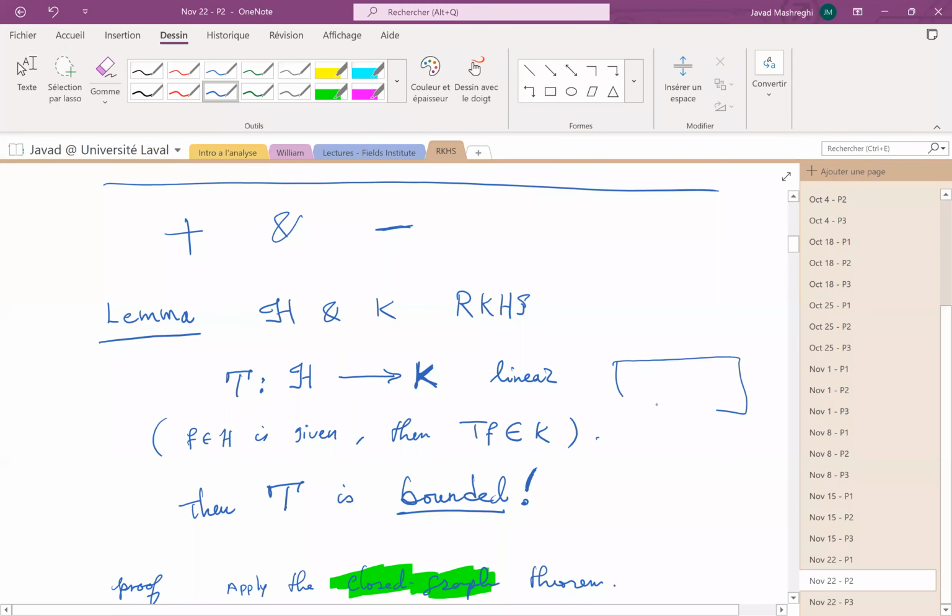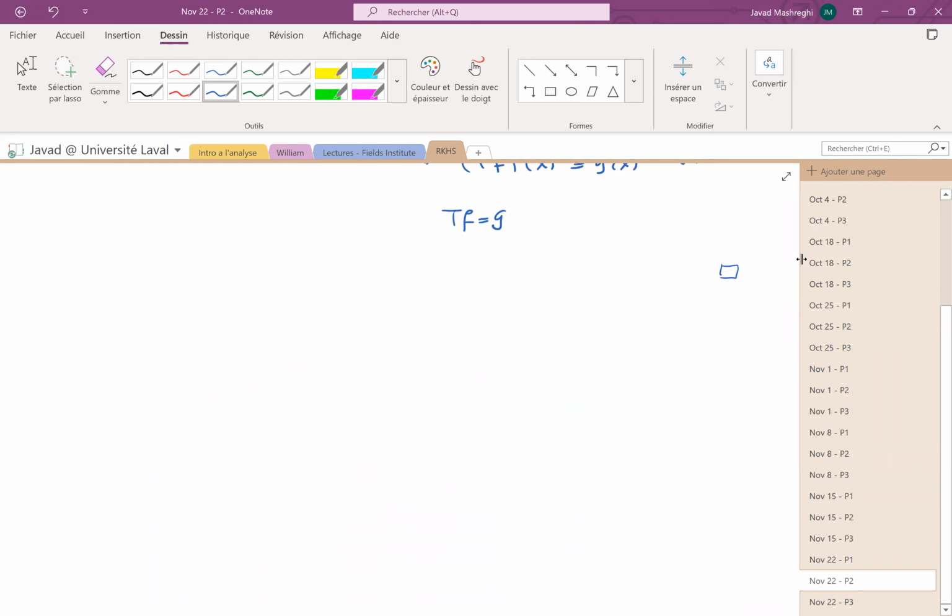Just one hypothesis is missing. If it's just well defined, you can go further and show that your mapping is bounded. I forgot this because my mapping is just inclusion, and I can easily go to the end. Again, my apologies for that. So our first theorem is for the inclusion.